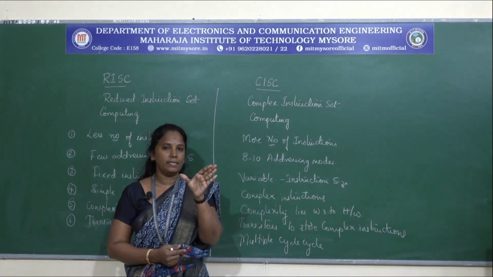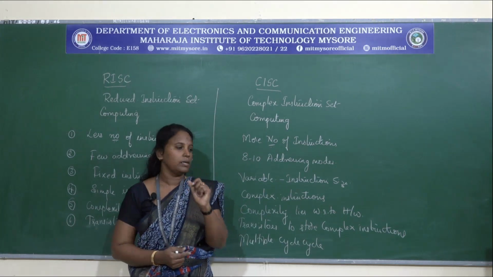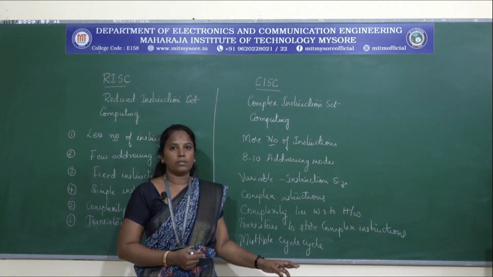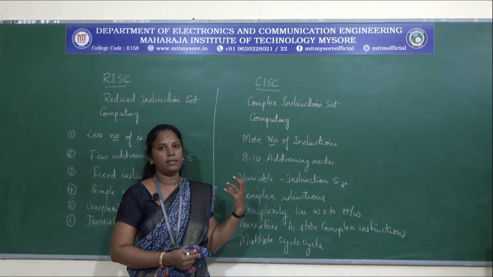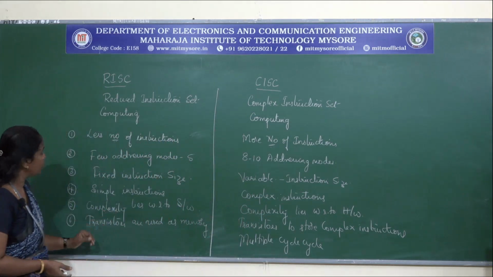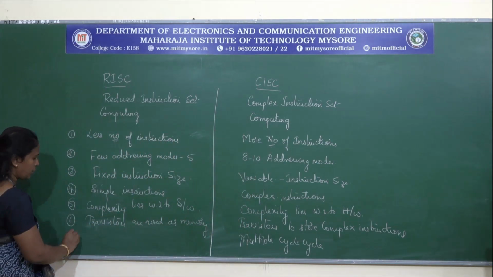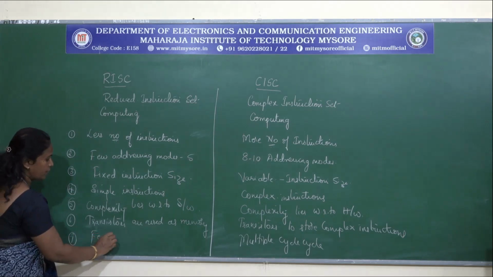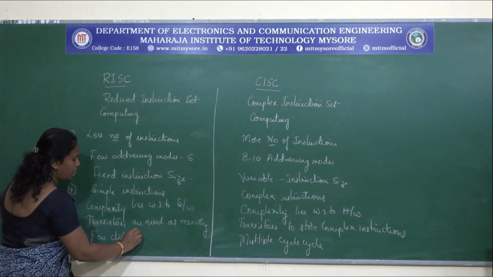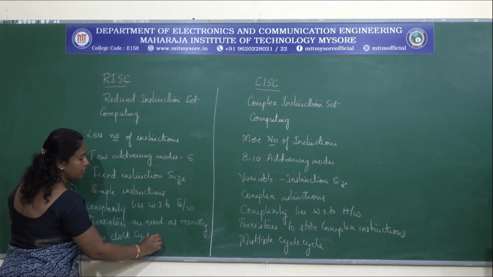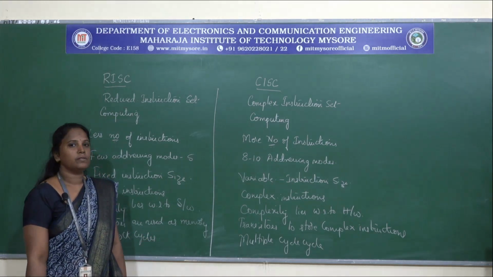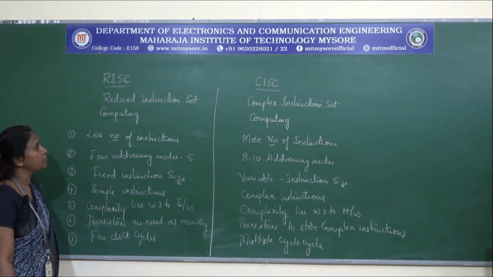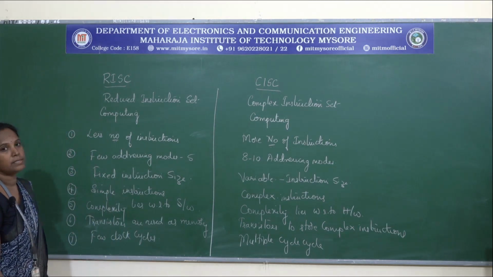To complete these 3 sets of operations, it might take multiple clock cycles depending upon how many bytes an instruction is. In the case of RISC, it consists of few clock cycles for processing of the instruction. These are some of the differences between RISC and CISC.